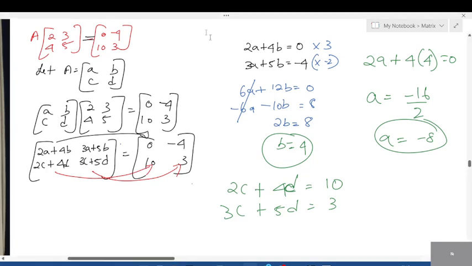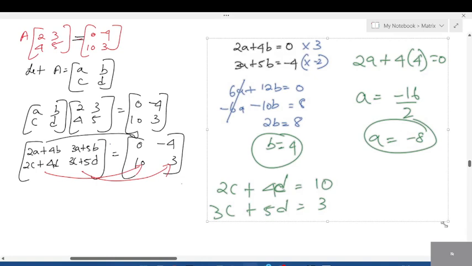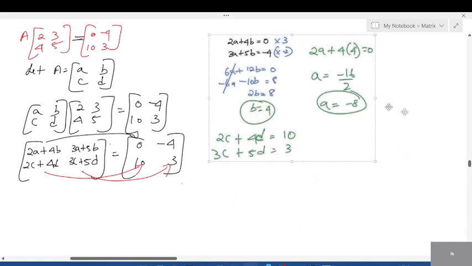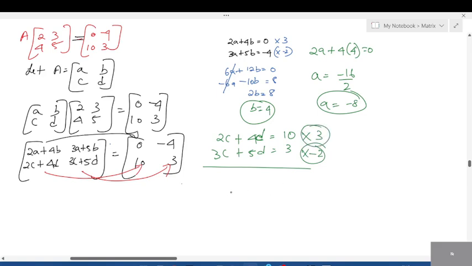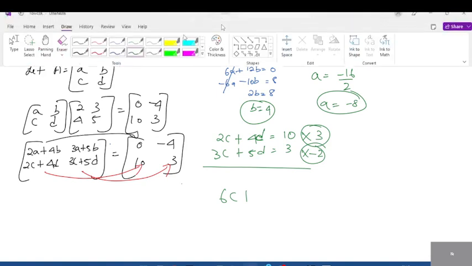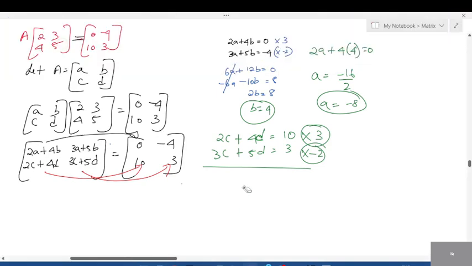What's the answer, students? What did you all get after solving this? 2C.